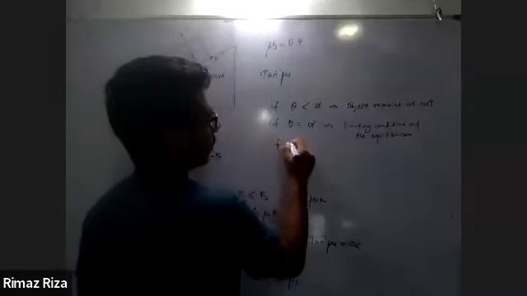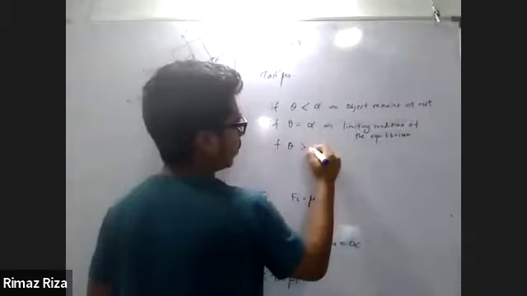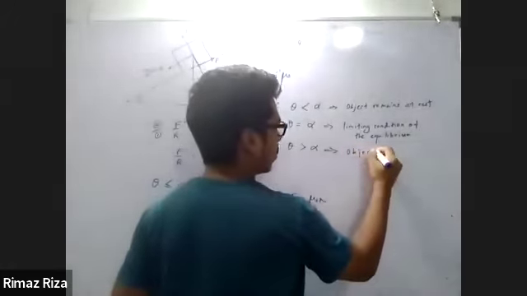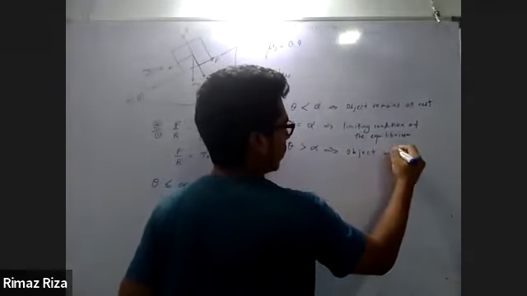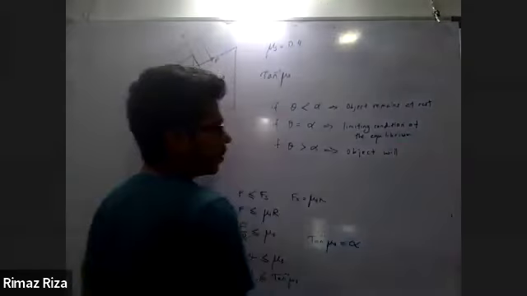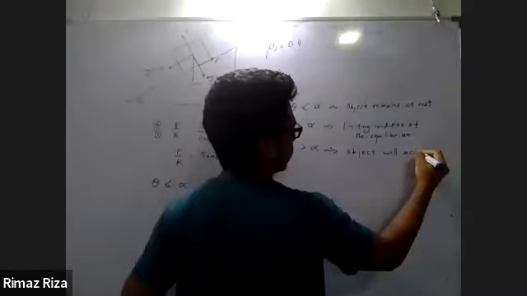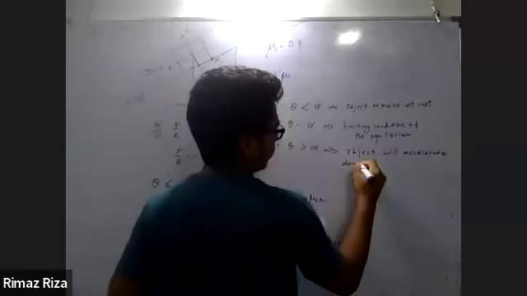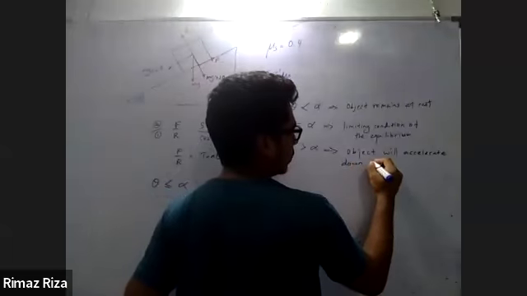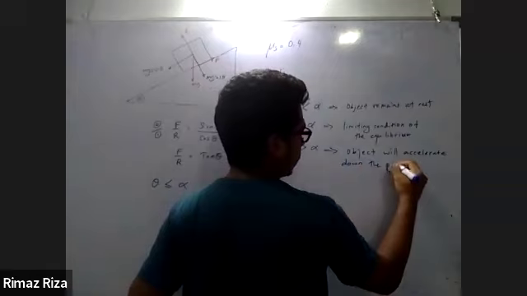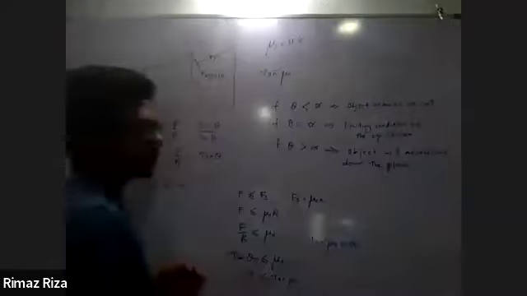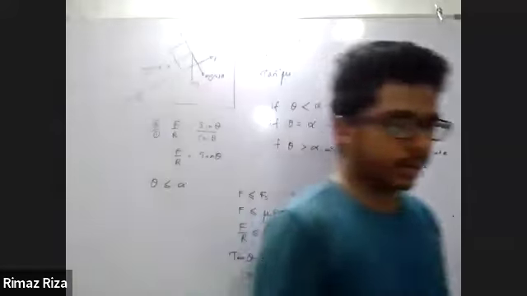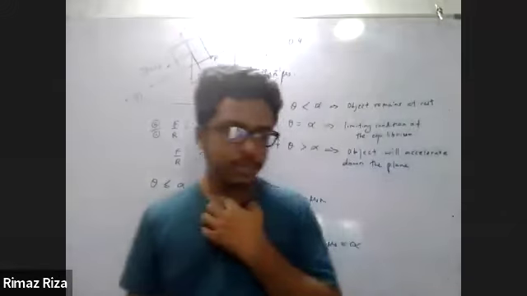So if theta is greater than alpha, the object will accelerate down the plane.